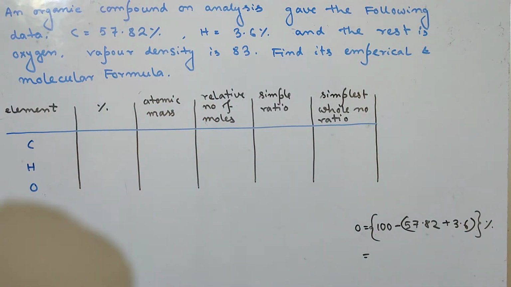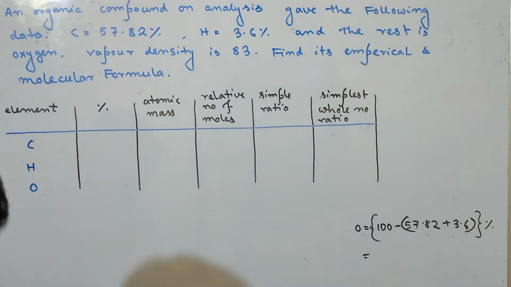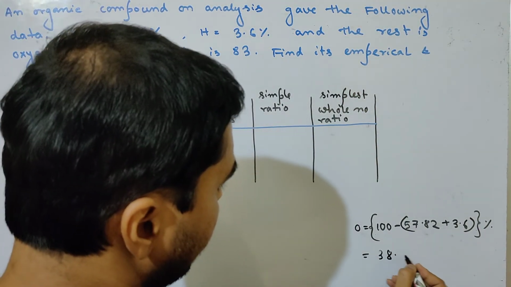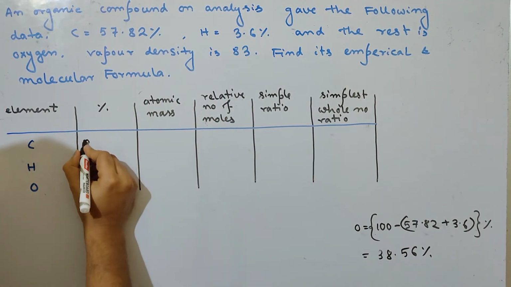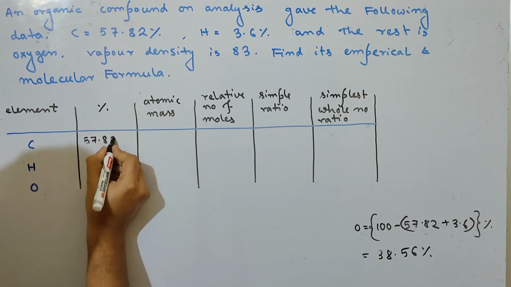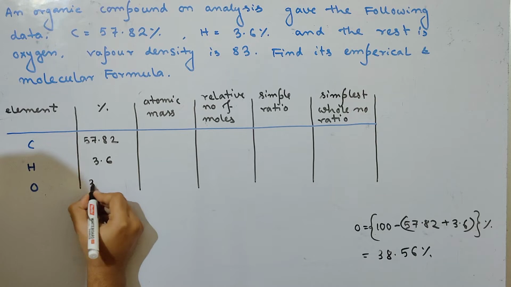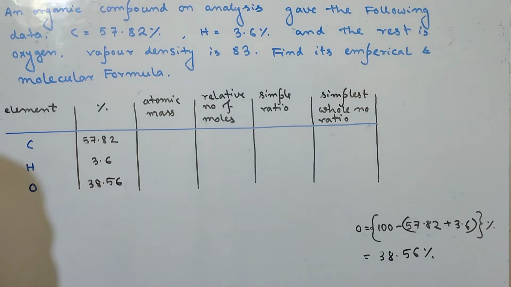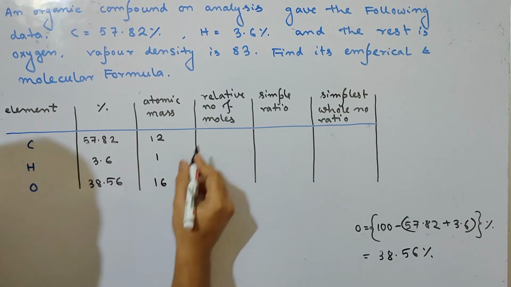These two are the percentages of hydrogen and carbon, so obviously we are going to subtract that from the 100. So we are getting 38.56%. Let me put these values here: 57.82, here it is 3.6, and here it is 38.56. Atomic mass for these is 12, 1 and 16.